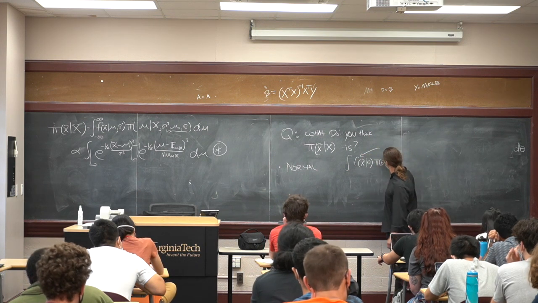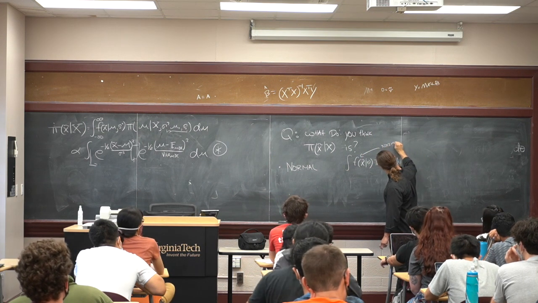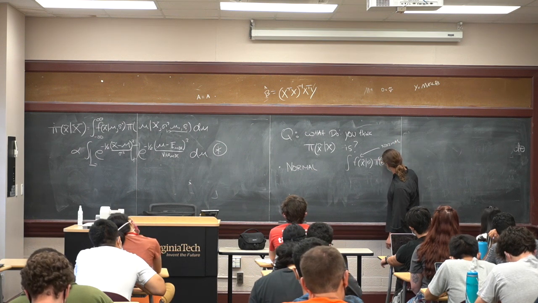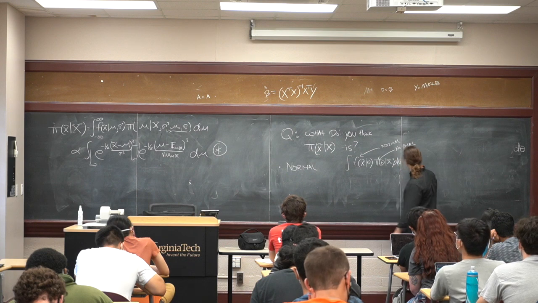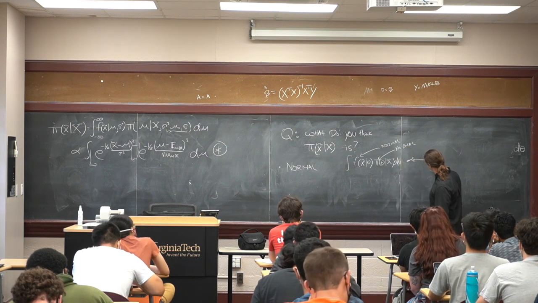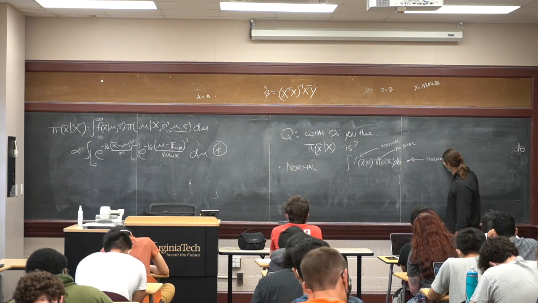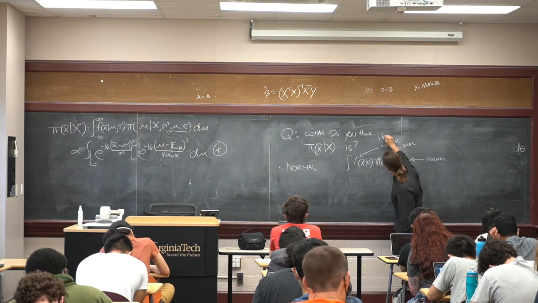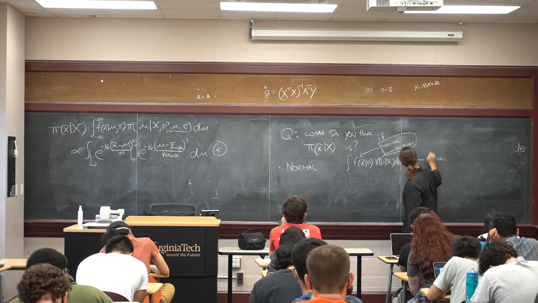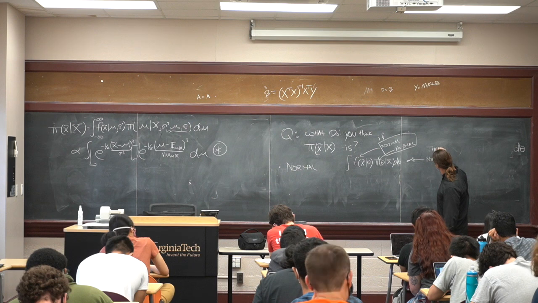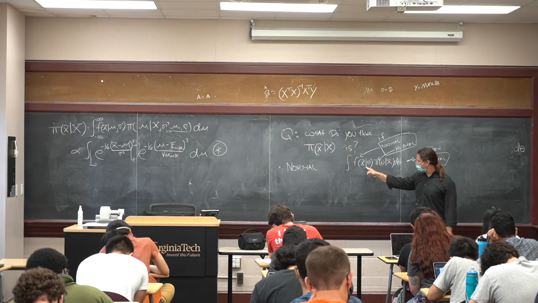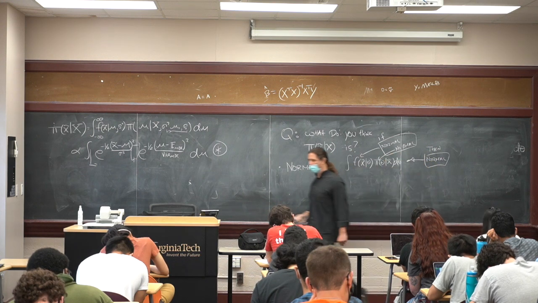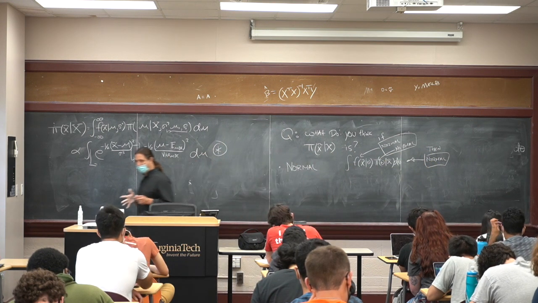If this is normal, and this is normal, then this whole thing is normal. So if these two things are normal, then the whole thing will look like a Gaussian. If this is a Gaussian function, that's a Gaussian function. When you integrate over them, it will still be Gaussian.